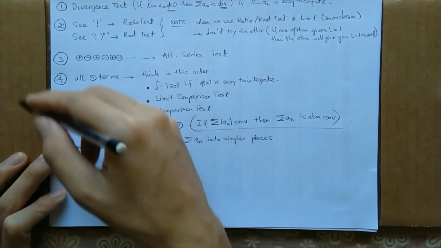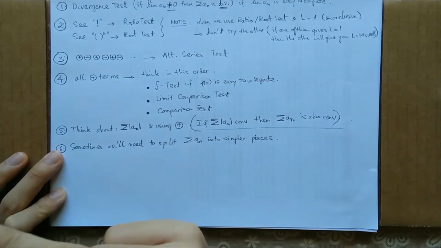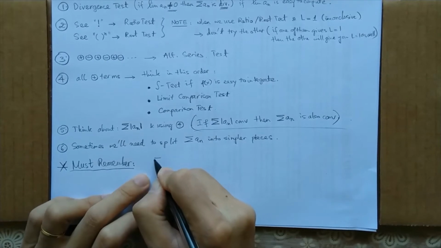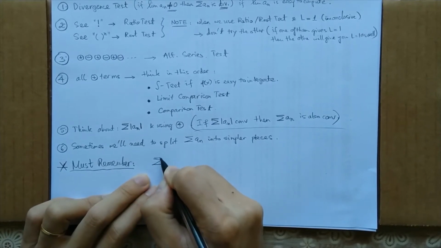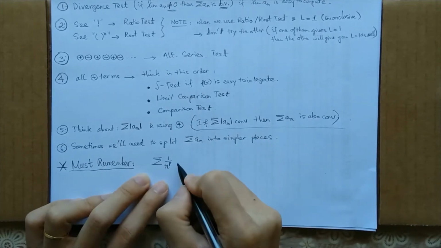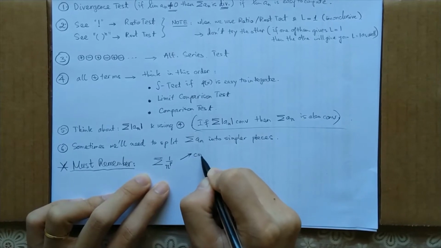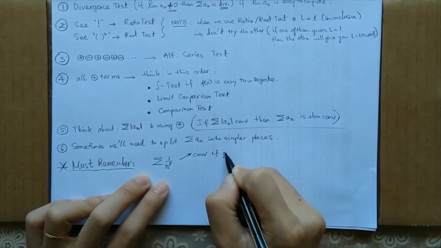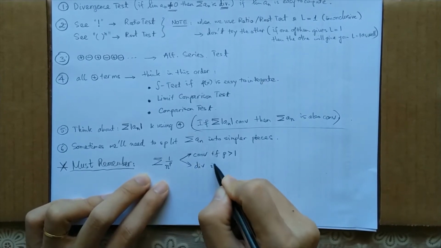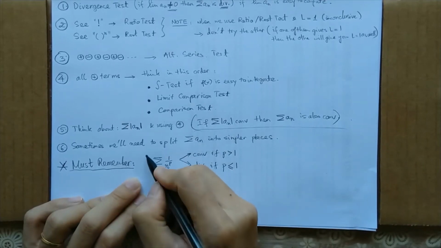Now, in order to be able to use the strategy here, there are two basic series that you will have to remember. First of all, the sigma 1 over n to the p is going to be convergent if p is greater than 1, and divergent if p is less than or equal to 1.